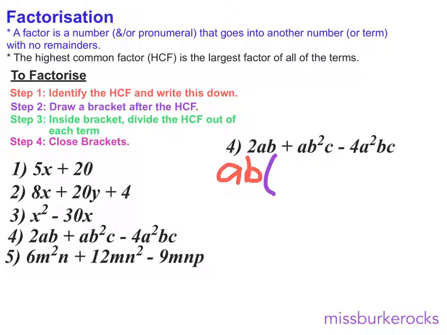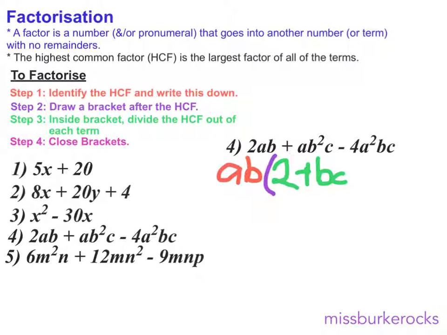Then I need to divide out the AB out of each of the terms. So 2AB divided by AB leaves me with 2. Then I have positive AB squared C. So I go that divided by AB gives me positive BC.